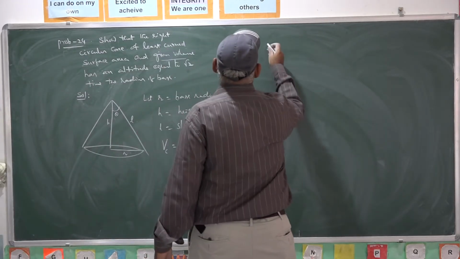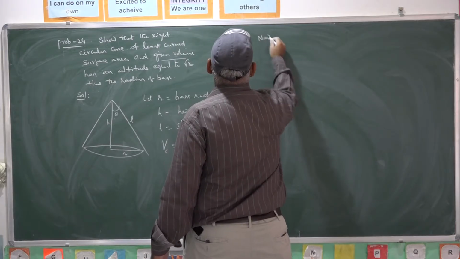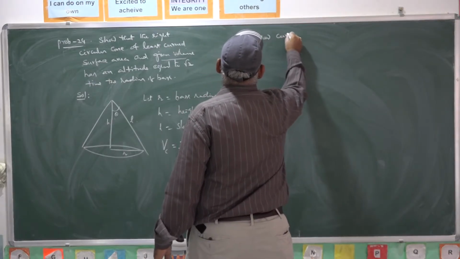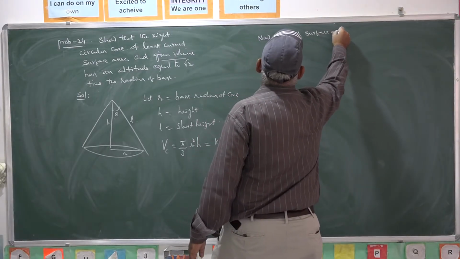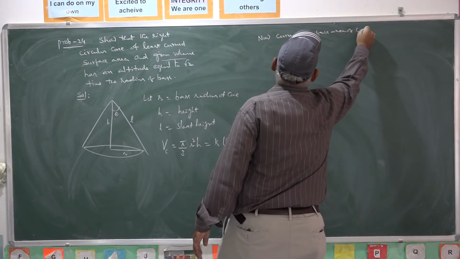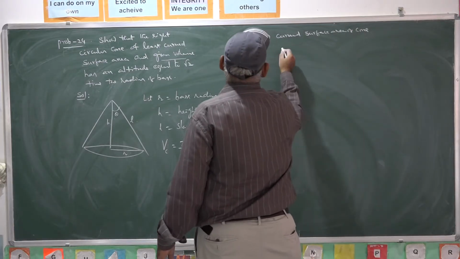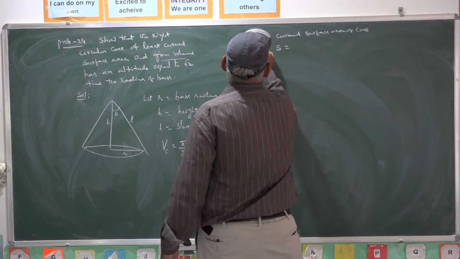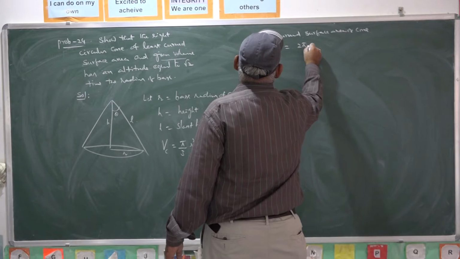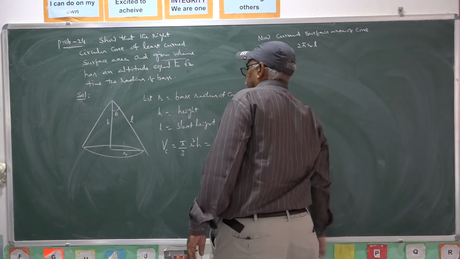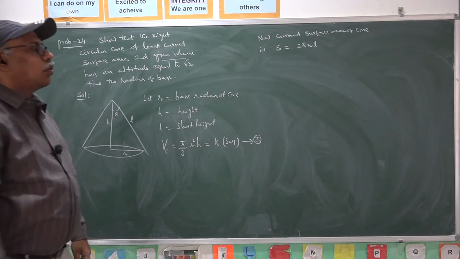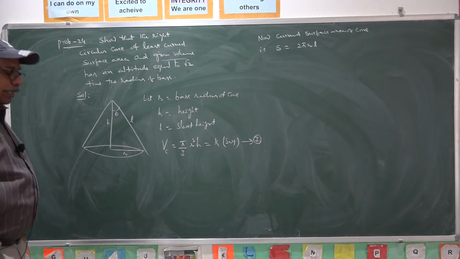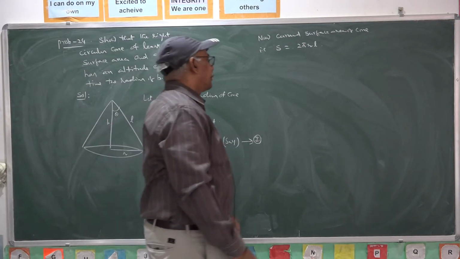Now the curved surface area of the cone, let it be S, equals 2 pi r L. The curved surface area of a cone is given by 2 pi r L, the slant height.